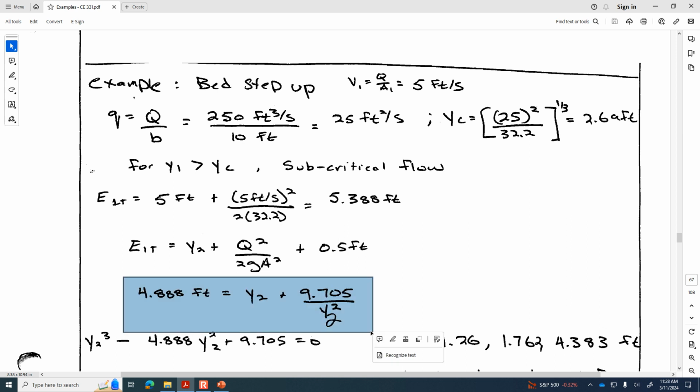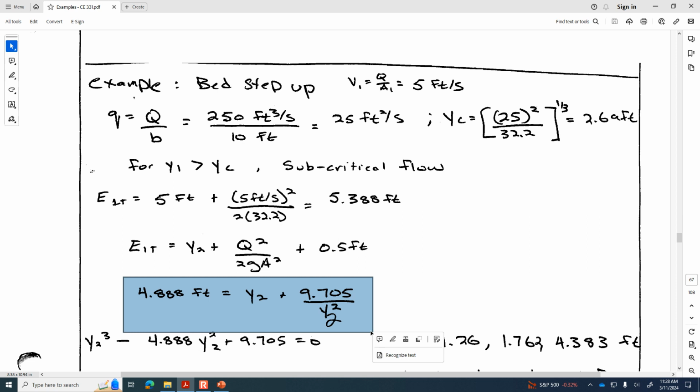This is the energy available after the step up, and it's going to be in the depth and the velocity head. That velocity head term could be V2 squared divided by 2g. It's not that, because we don't know V2. It could be q squared divided by 2g a squared.